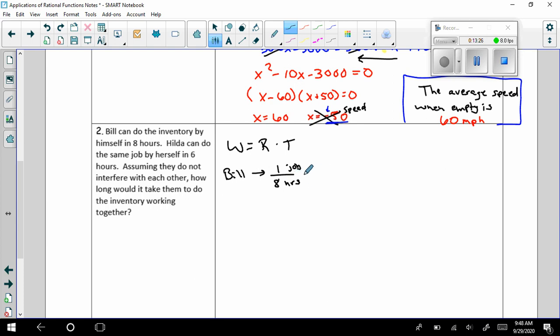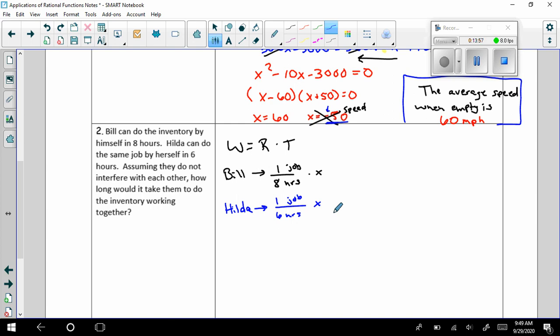And we don't know his time because we don't know the time it takes them to do it. While Hilda is 1 job in 6 hours, and same thing. It's the same amount of time. All right, they're splitting the job, but we don't know how long that is.